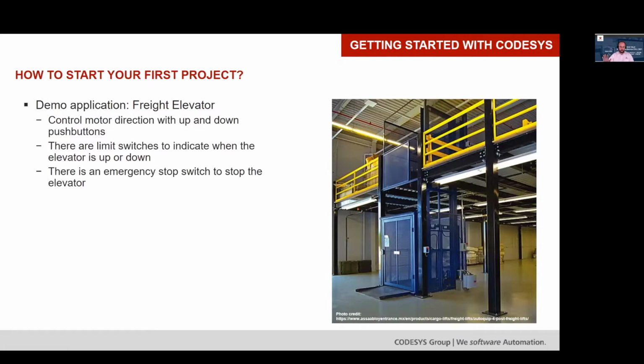So to control that, if it goes in one direction or the other one, we have two push buttons to choose the direction we want the elevator to go. So we have a go up or go down. We also have limit switches, one that activates when the elevator is at the lowest position, and then we have another one that activates when it's at its highest position. So that will tell us when to stop the motor.